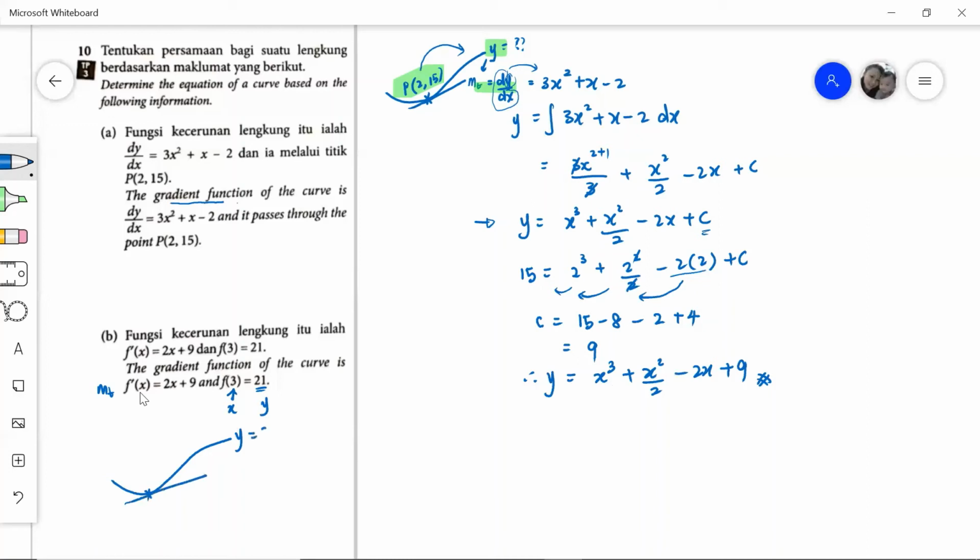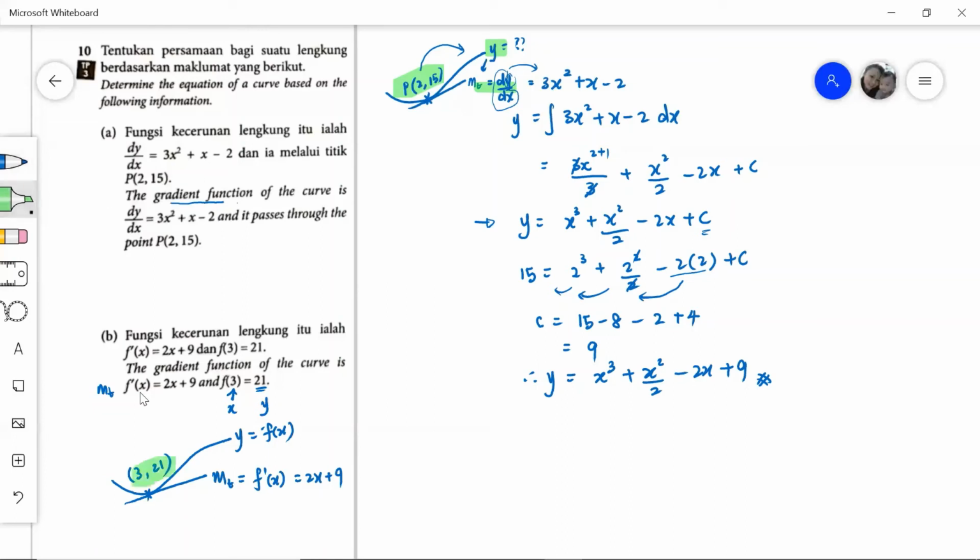The y is the one that we need to find. The gradient of tangent, the y is actually f(x). The gradient of tangent is f prime x, which is 2x plus 9. And the point here, the x is 3, the y is 21.